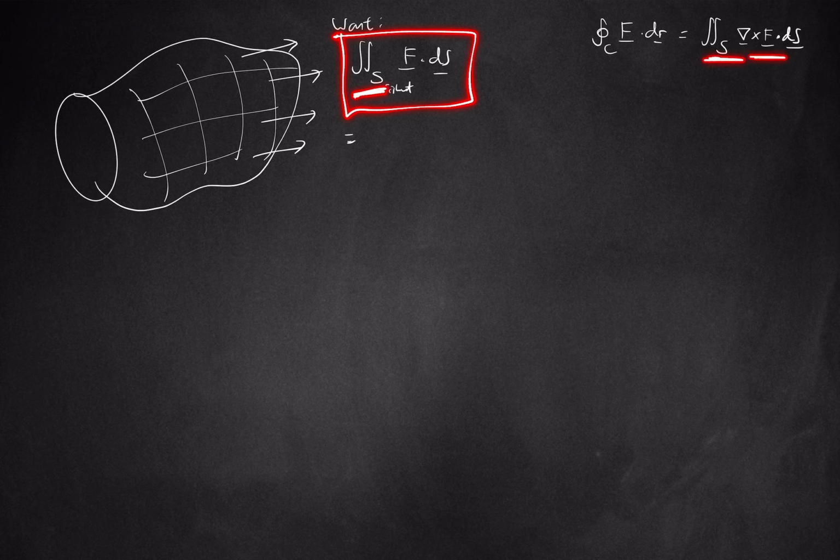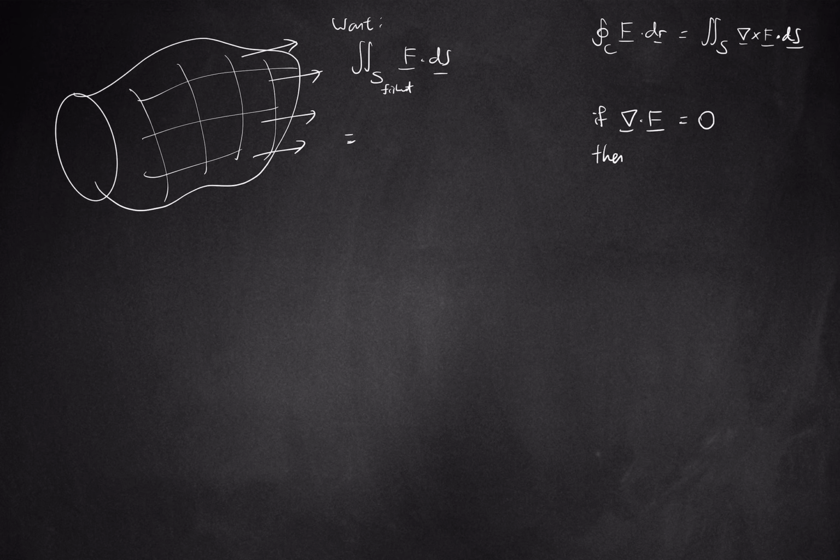Okay, so if I have this, now this is a surface integral. In order to apply the Stokes theorem, I have to be able to write this vector field F over here as a curl of something, right? Now, this is true if F is divergence free. If this is 0, then remember there's an identity saying the divergence of the curl is always 0.